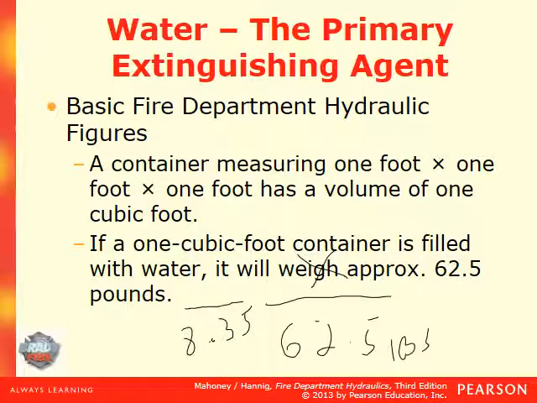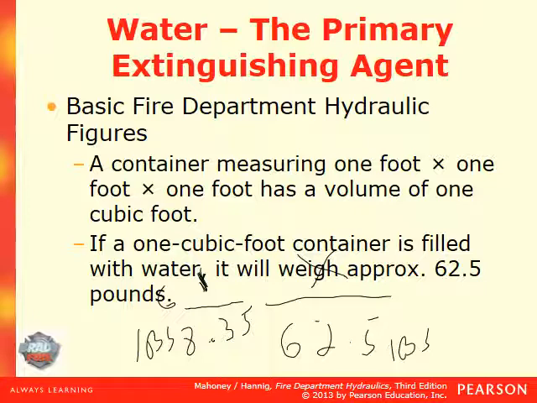Notice how we got the pounds on the same sides, right? And we have gallons at the top and pounds at the bottom. So again, we're just going to do the concept of cross multiplication. So 1 times 62.5 pounds equals 62.5, right?